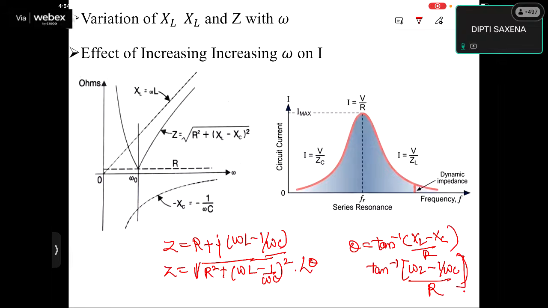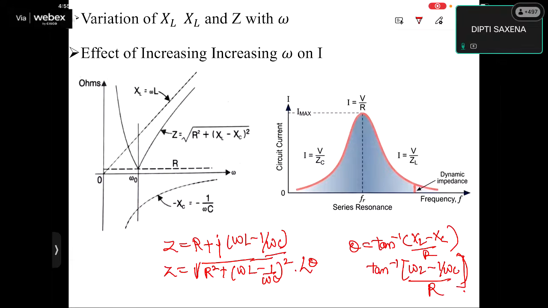Now look here. Changing the frequency means I am changing the magnitude as well as the phase angle of the impedance. Now, when omega is close to 0, the inductive reactance omega L is equal to 0, but the capacitive reactance is almost infinity.